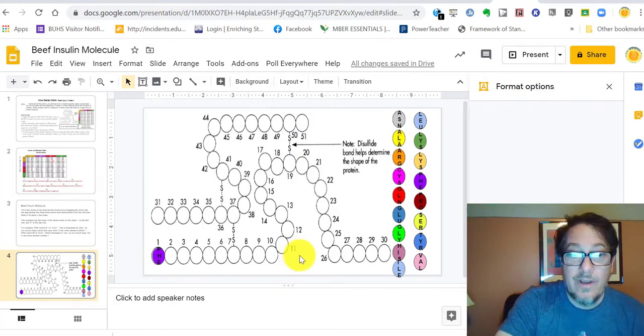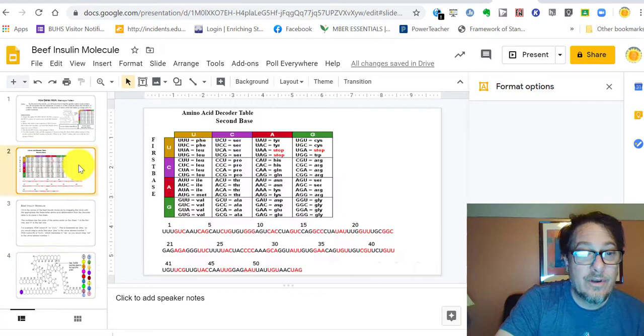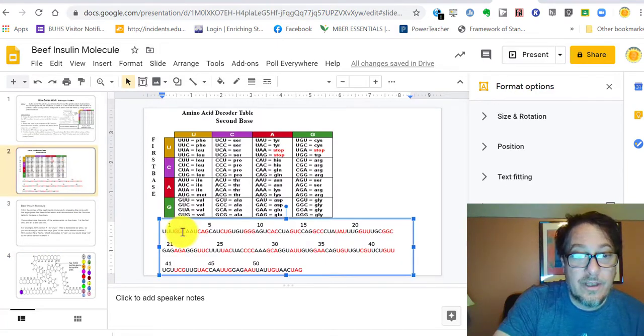Just to make sure that we've got this, let's do the second one, GUC. Okay, so again, we go over to first base, we find the letter G. That means that it's somewhere in this row. Now, if you want, you can just sort of find it and see that it's here. But the second letter, U, is our guide.